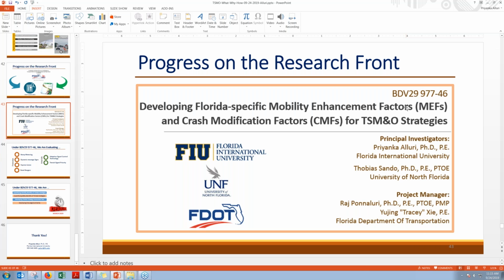I don't think I'm wrong to say that. There are a few studies here and there that just looked at one aspect of a strategy, but this is the most comprehensive study that anybody has ever done to quantify the safety and mobility benefits of these strategies.